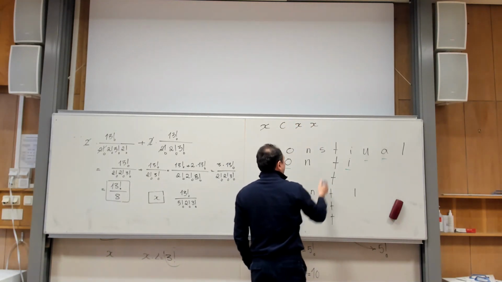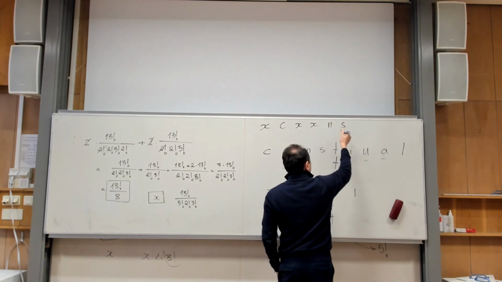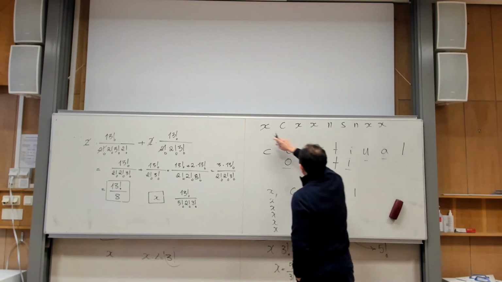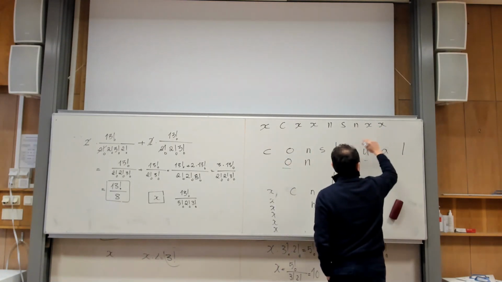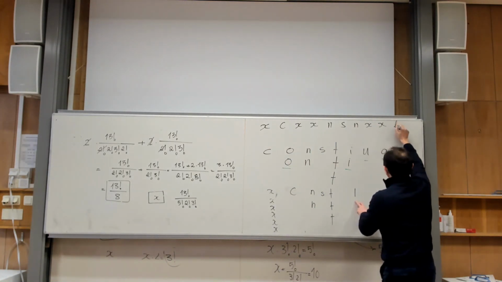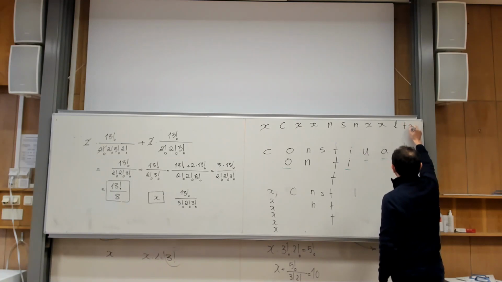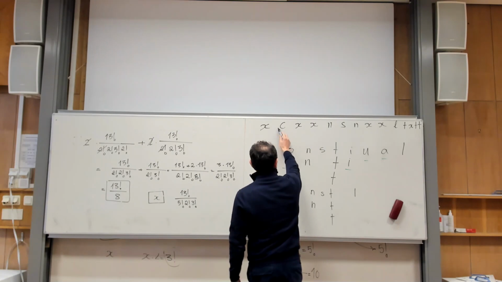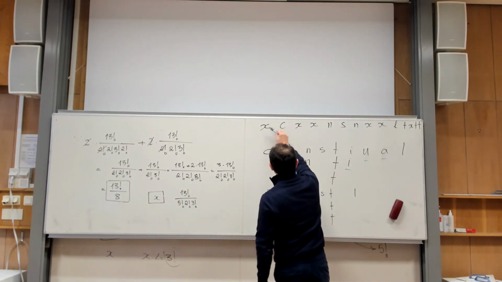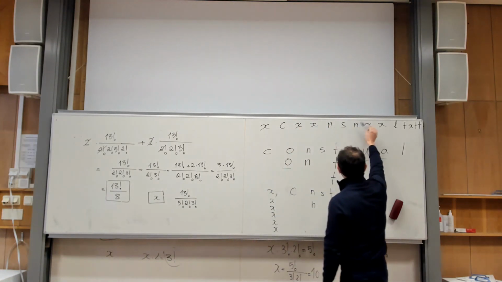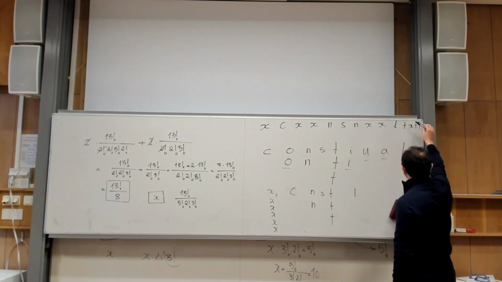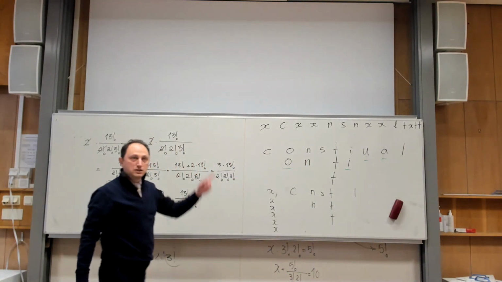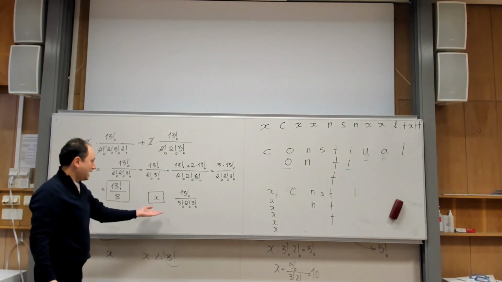I have one S, one N, and I have X, 1, 2, 3, 4, 5, and then I have L, then I have T, then I have X, then I have T and T. Is it complete yet? 1, 2, 3, I'm counting in Persian. 1, 2, 3, 4, 5, 6, 7, 8, 9, 10, 11, 12, 13, 14. That's correct. So do you agree with what I did? This is one of those items that I calculated here.